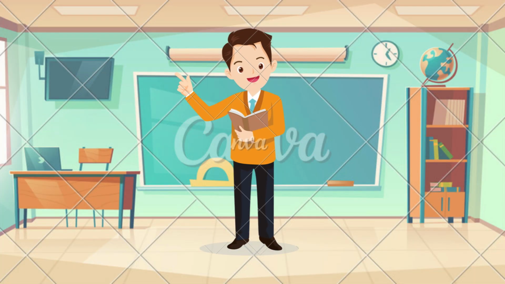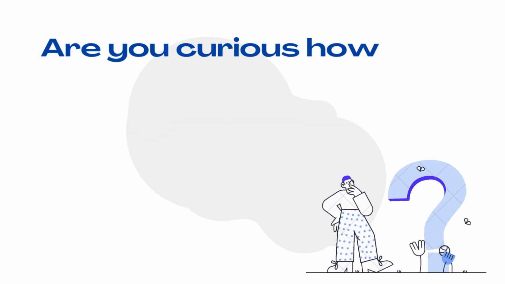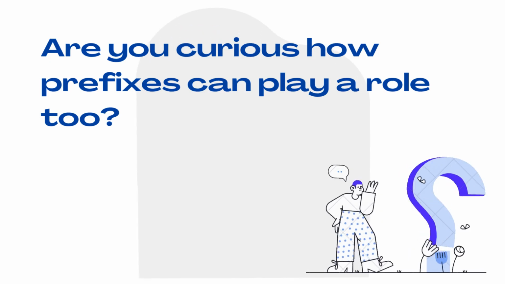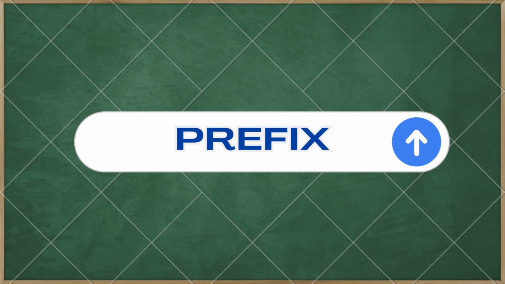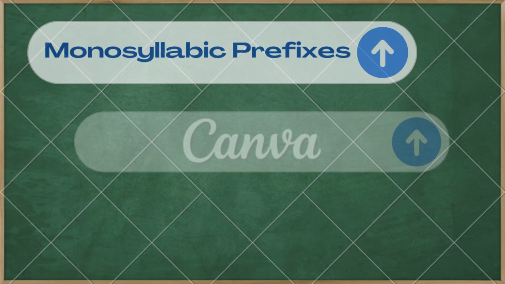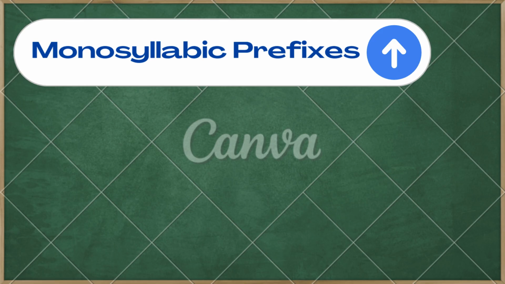Now that we've got a handle on how suffixes change stress patterns, are you curious how prefixes can play a role too? Yeah, so let's begin with the first one. I will start with the prefix first. The first type, monosyllabic prefixes.